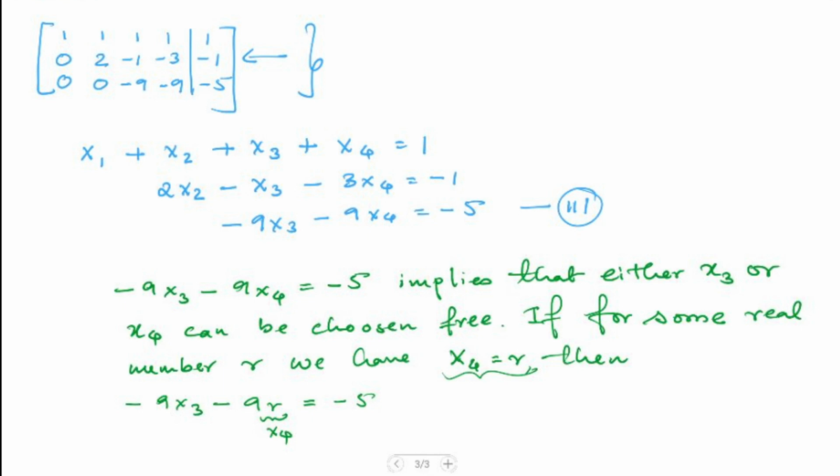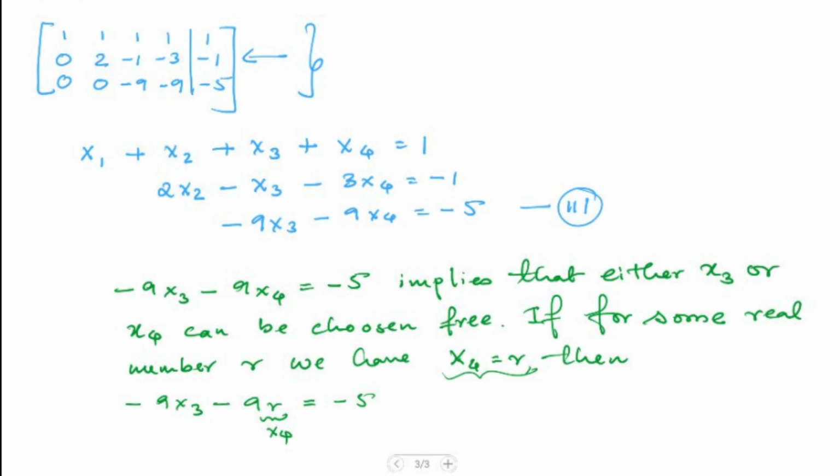Instead of choosing x4 as R, you could choose x3 as R. Anything you choose, you will arrive at the right solution. So here we're choosing x4 equal to R, which is any real number.